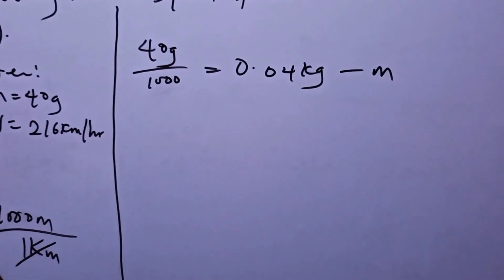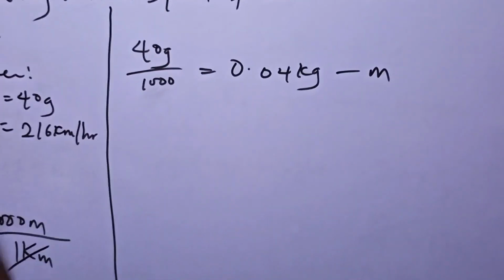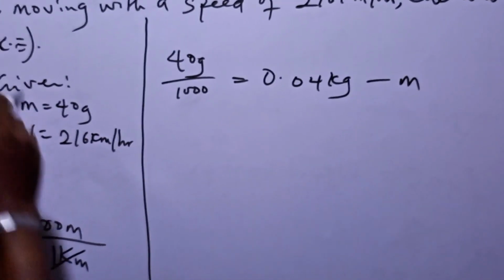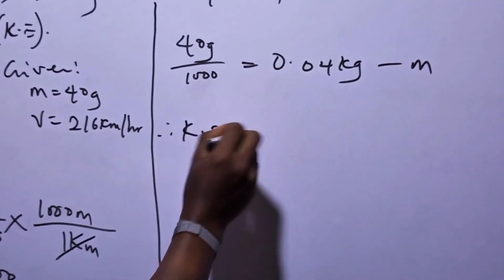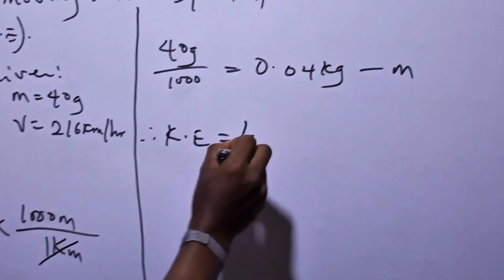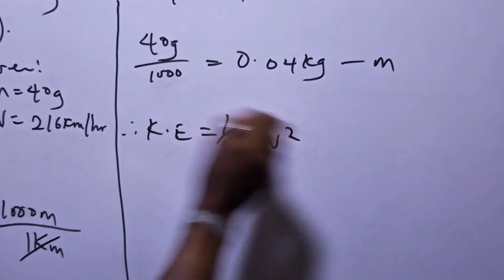Now the question says calculate the kinetic energy of the bullet. Therefore, kinetic energy by this formula is half mv square.